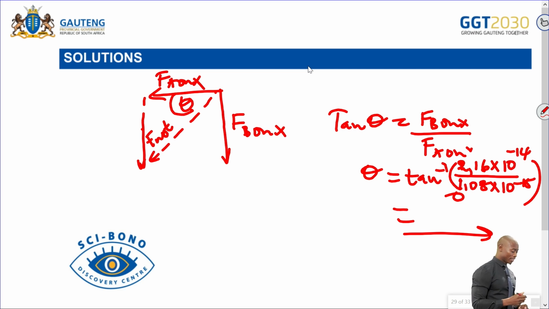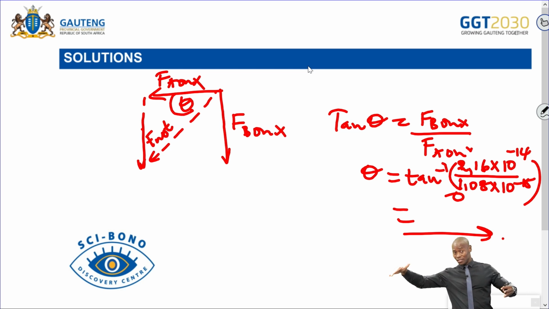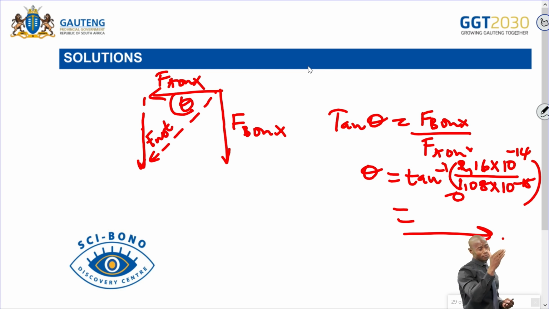So please make sure that you check whether the forces are in one dimension or in two dimension. If they're in one dimension, how to calculate the net electrostatic force is F1 plus F2. But when it comes to the perpendicular ones, you use Pythagoras theorem to get the magnitude, and then from there, to get the angle or the direction, you use tangent.